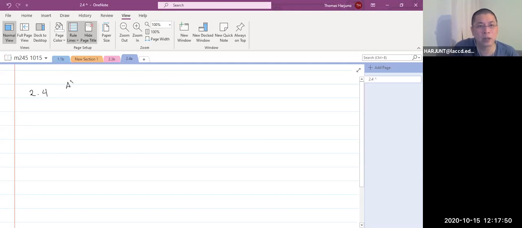The first part I want to go over is called parent functions. Instead of calling them parent functions, I will call them basic functions. The second is the piecewise defined function.